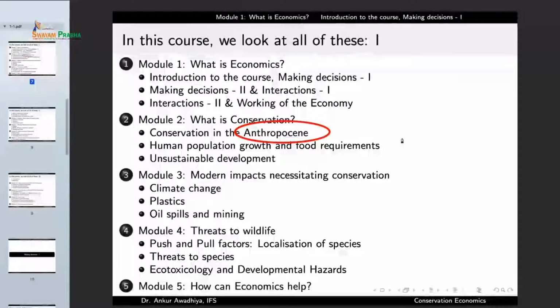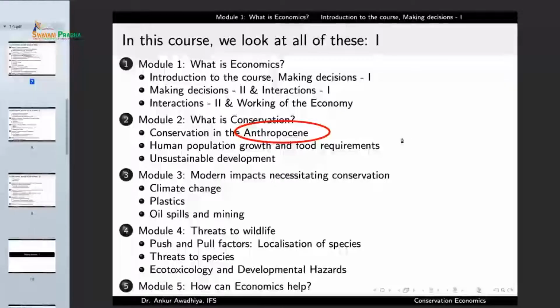We'll also explore human population growth and food requirements because our populations have been increasing with time. And more people means that we require more resources. And remember that economics is the science of making decisions about how to use scarce resources for maximum benefit. Now, if the number of people goes up, the per capita availability of resources goes down.